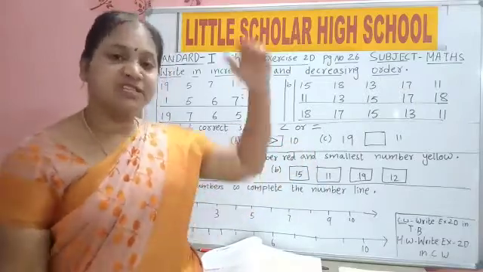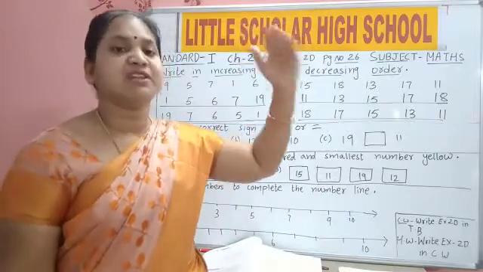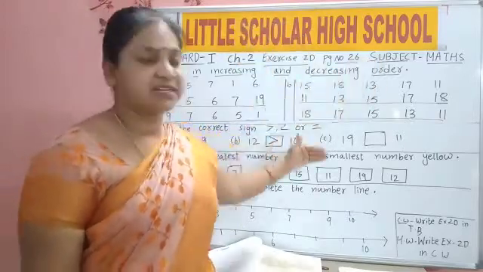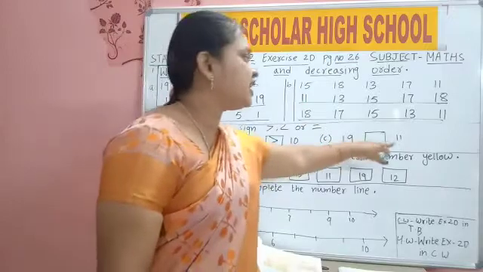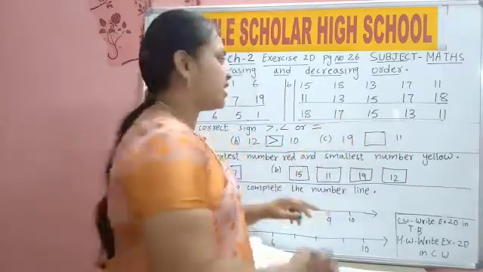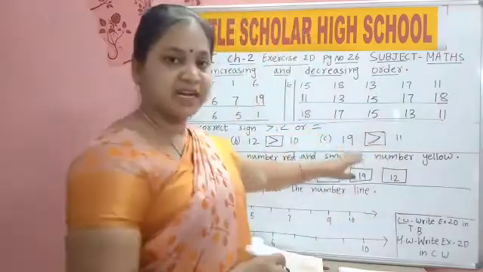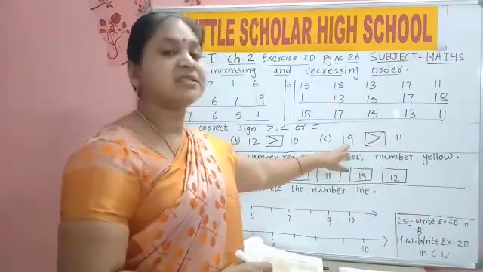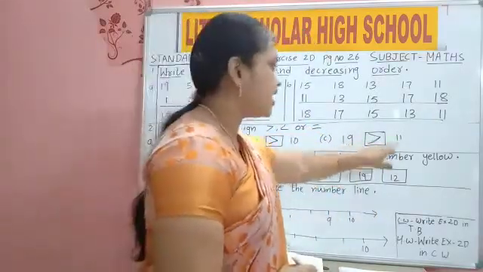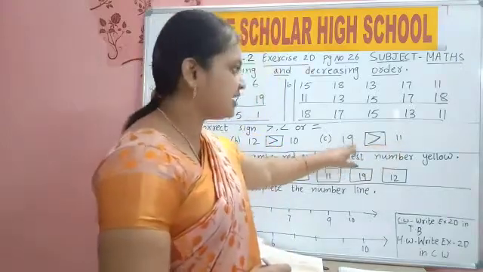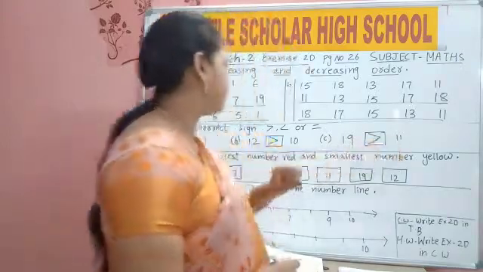So 11 is smaller than 19 and 19 is greater. The mouth will be open towards the greater number 19. How will you read this? 19 is greater than 11.